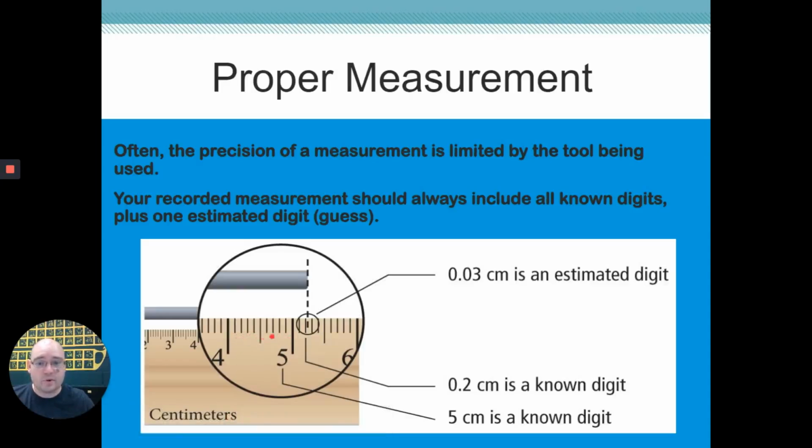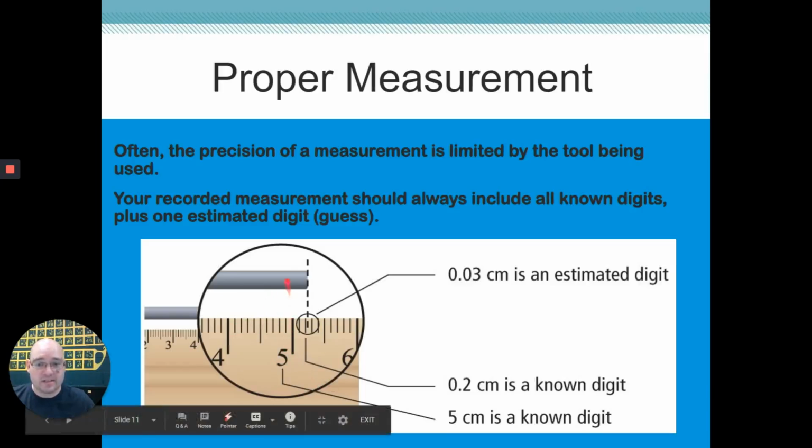So each one of these is 0.1. Okay, so we know the tenths place. Our known digits are 5 because it is definitely past the 5, and 0.1, 0.2. It's definitely past the 0.2. So we know 5 centimeters and we know 0.2 centimeters, and you simply add these together. So 5.2. So we know 5.2 centimeters.